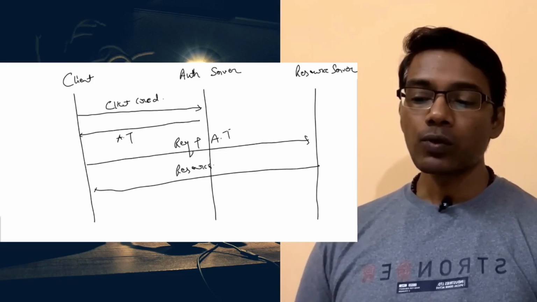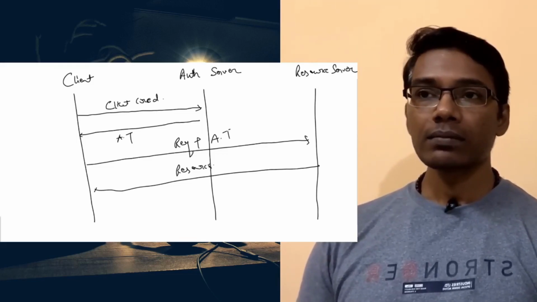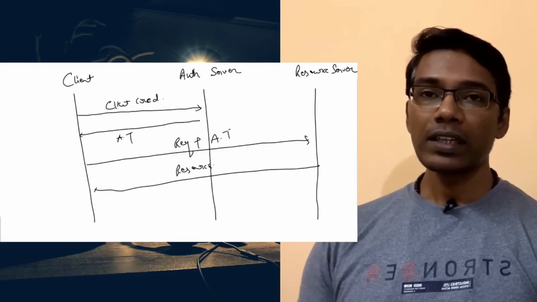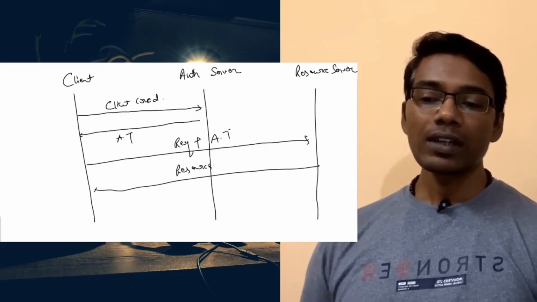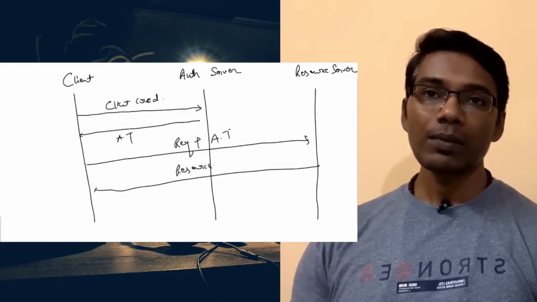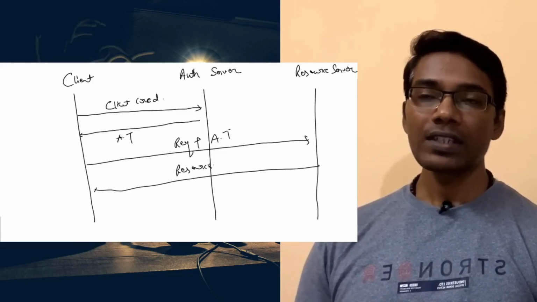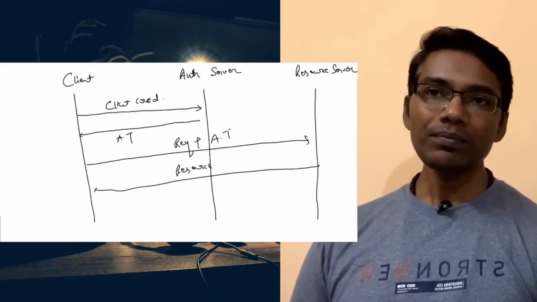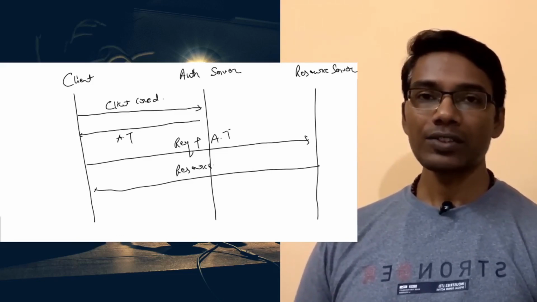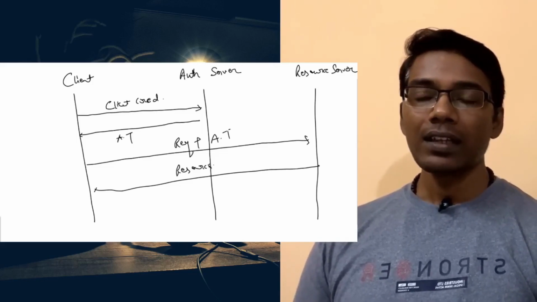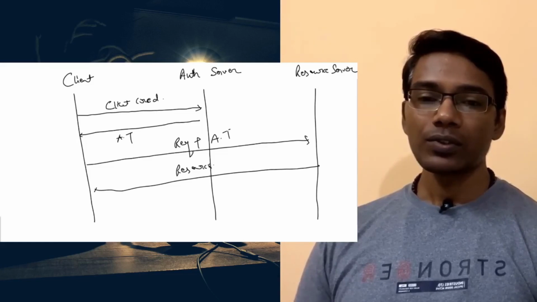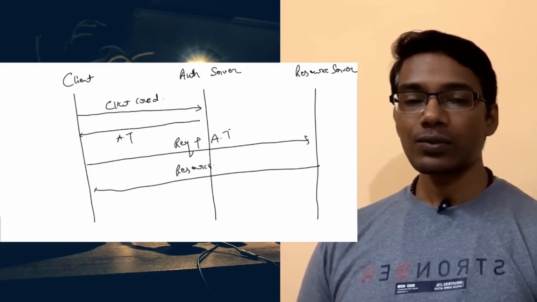So what we can do, instead of providing only the access token to the end user, is that the auth server can provide an access token plus a refresh token, which is another OAuth type. So let's say after 30 minutes the access token is expired, then you can use the refresh token to get another access token for another 30 minutes.